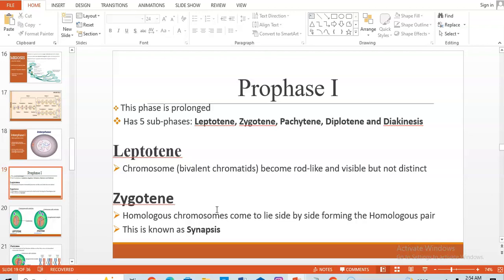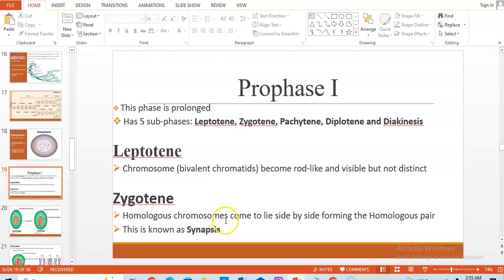Out of those 44 autosomes, we have 22 pairs: 2 of them control a particular characteristic, 2 control another. For example, your color. There are 2 chromosomes in your nucleus that control a particular characteristic, like color or your height. Those that are similar, that control a particular characteristic in an individual, are called homologous chromosomes.